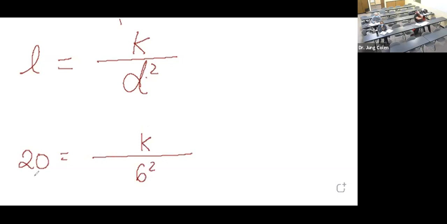So we have 20 is equal to K over 36. How can we find K? We can multiply 36 on both sides, because it's in the denominator, right? Then we have K is equal to, what's 36 times 20? 720. So K is 720.